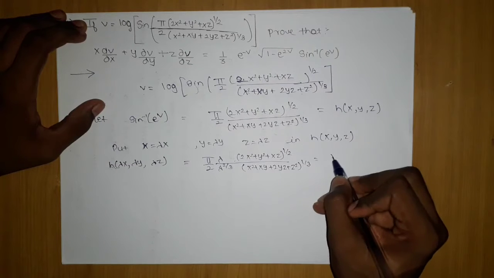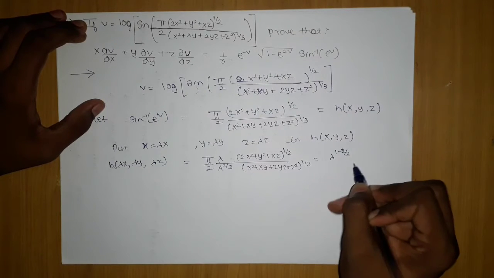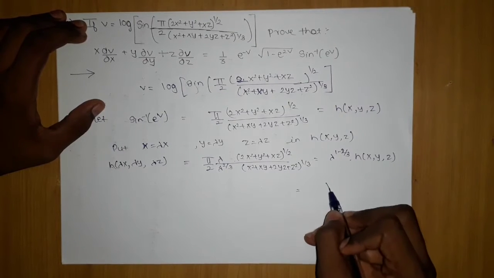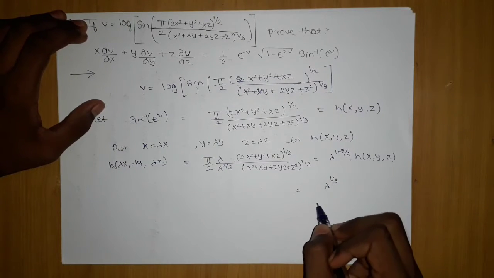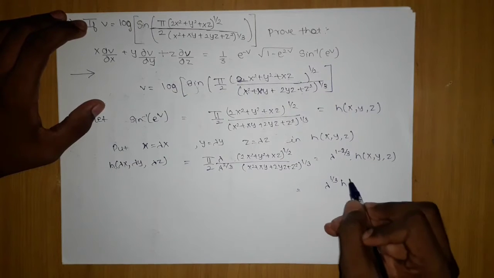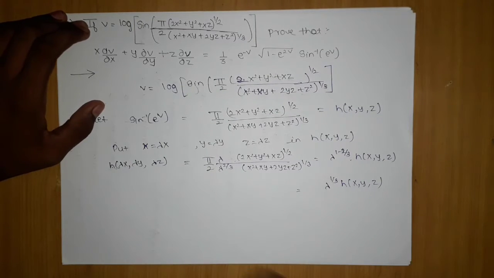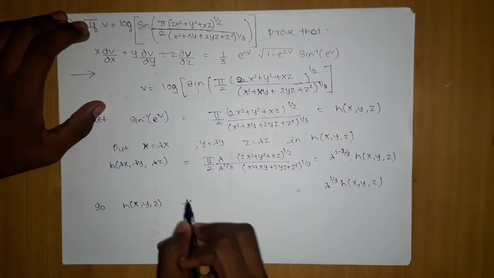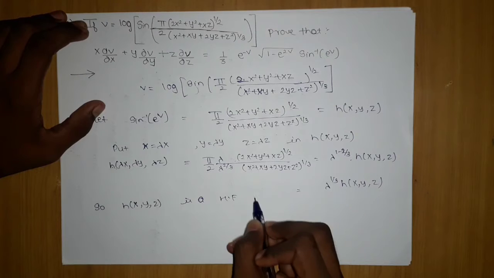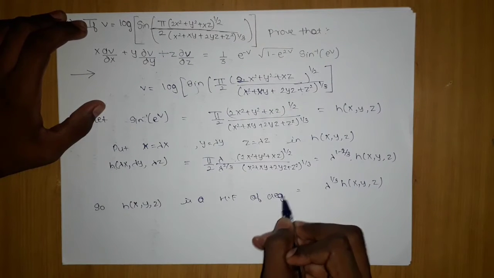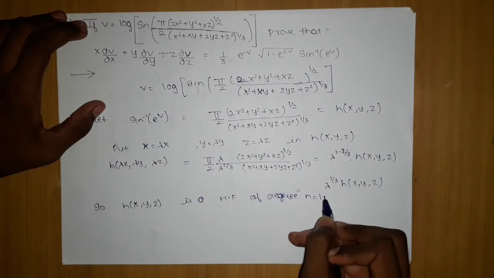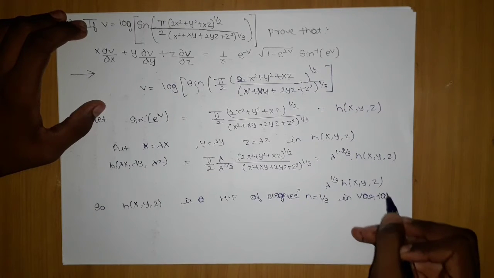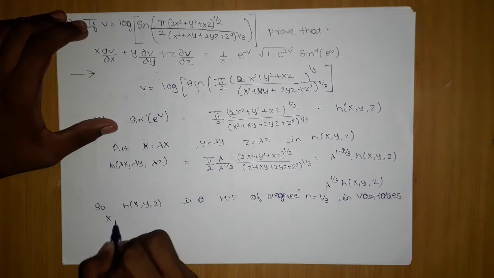So I am left with lambda power 1 minus 2 by 3 times h(x, y, z), which gives me finally lambda equals 1 by 3 into h(x, y, z). So h(x, y, z) is a homogeneous function of degree n equals 1 by 3 in variables x, y and z.